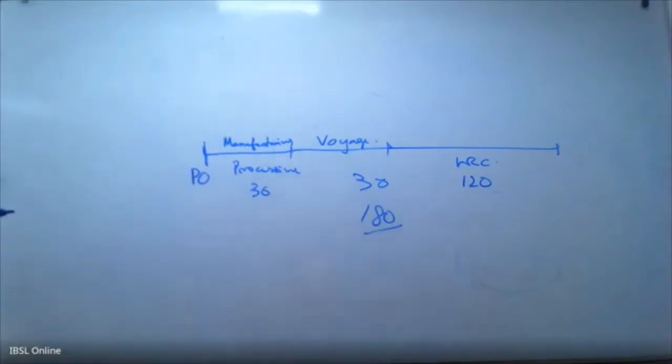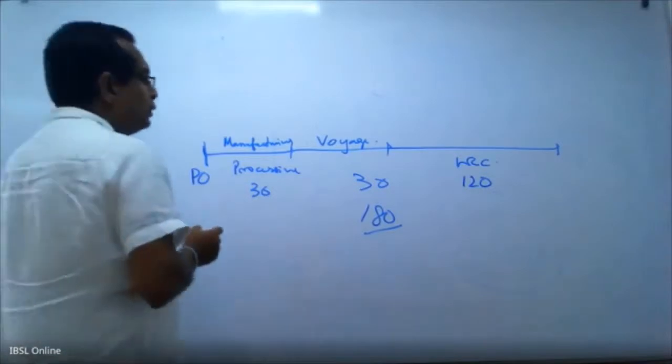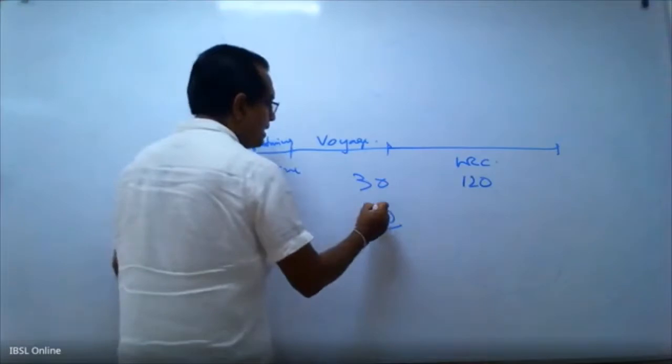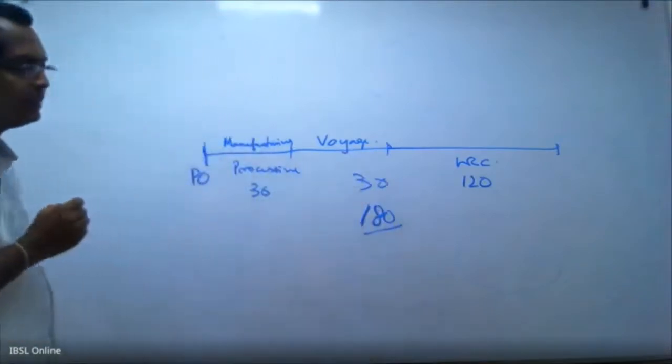So we need to have LC lines for these 180 days.